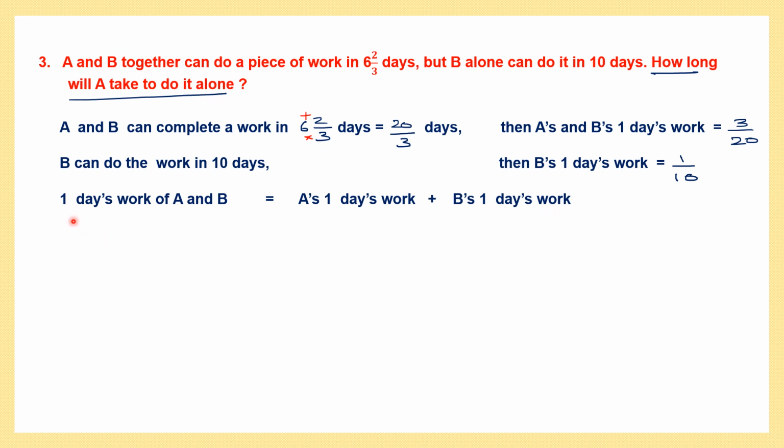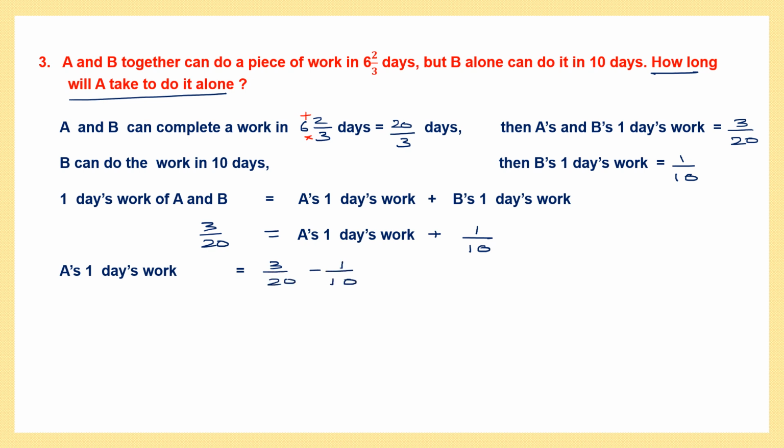Now let's substitute. 1 day's work of A and B is 3/20. So 3/20 is equal to A's 1 day's work, which we don't know, plus B's 1 day's work, which is 1/10. So A's 1 day's work is 3/20 minus 1/10. Subtraction of fractions here.